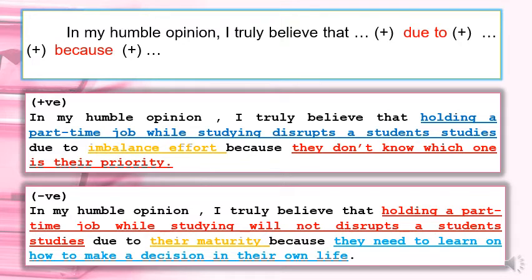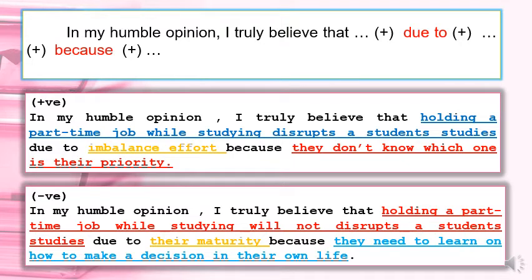In my humble opinion, I truly believe that holding a part-time job while studying disrupt a student's studies due to imbalanced effort because they don't know which one is their priority. Okay, so meaning to say that this is a complete sentence.